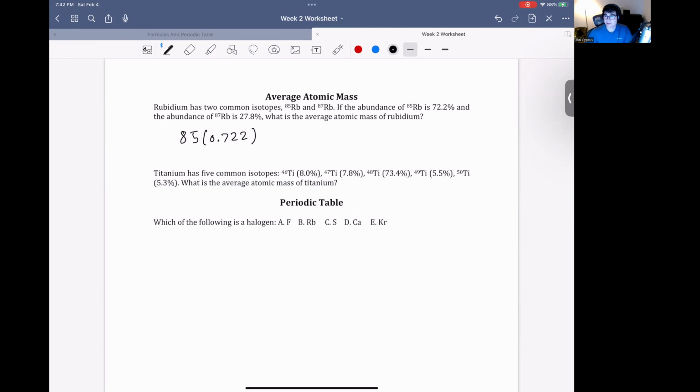Now, for those of you who have taken SAT, ACT, probability stuff, this is similar to probability questions. If you had a hat full of numbers, and half of those numbers are 6 and the other half are 4, what is the expected outcome?